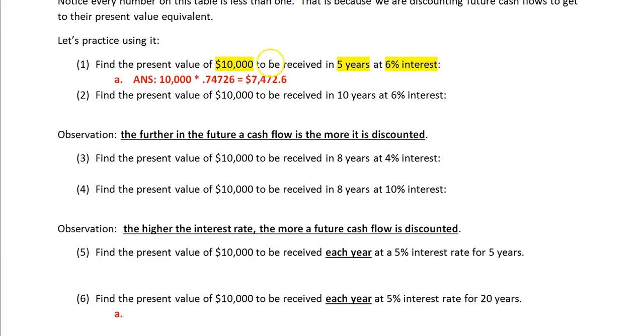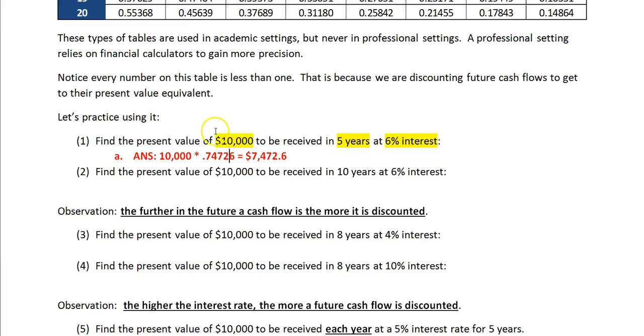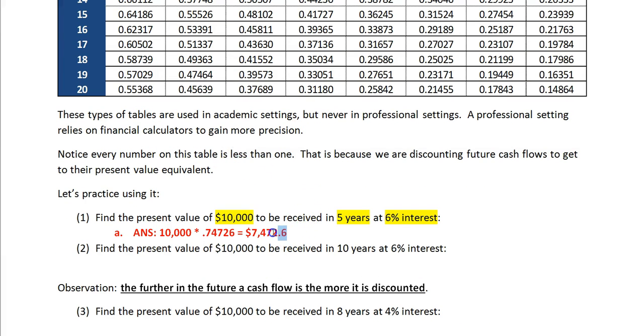So we see the amount of the cash flow that we're bringing back times the rate that we looked at in a table, and we get to the present value equivalent. So if we're going to receive this money in 5 years at 6%, it's not worth $10,000 to us now. It's only worth $7,472.60.